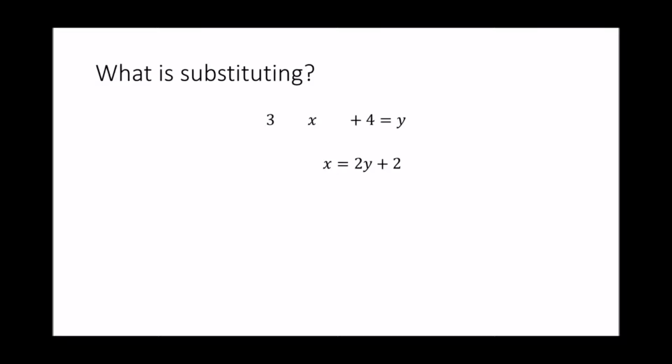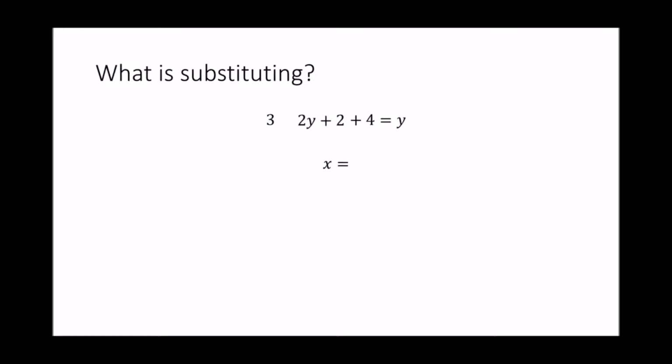What we will learn is how to do this in a similar way when we've actually got a formula there. So instead of x equals 7, we've got x equals 2y plus 2. We can do the exact same thing. We know that x equals 2y plus 2, so instead of the x in the first formula, we can write 2y plus 2 there.